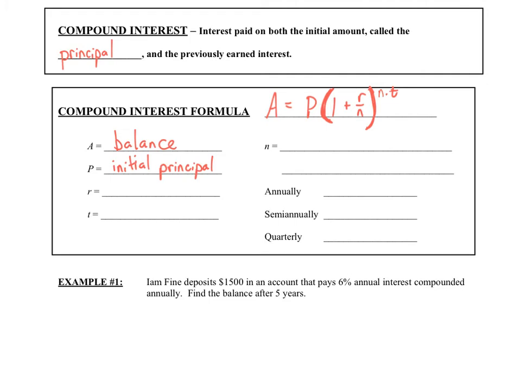R is the annual rate, and this is going to be as a decimal. And T is years. Okay, N is the times compounded per year.